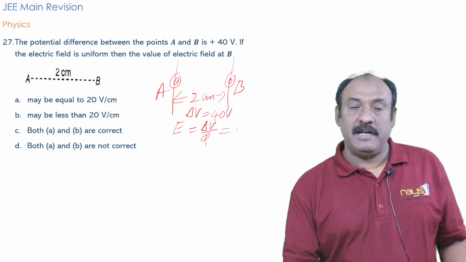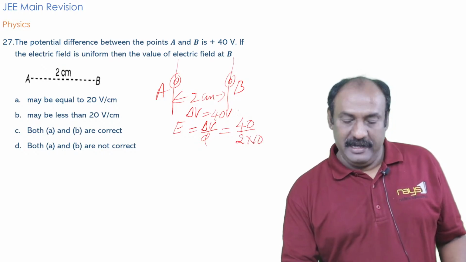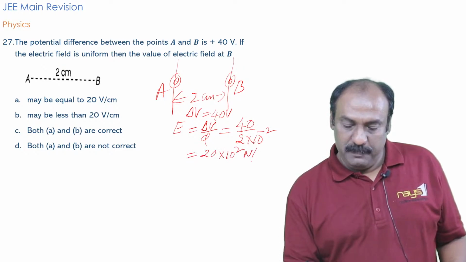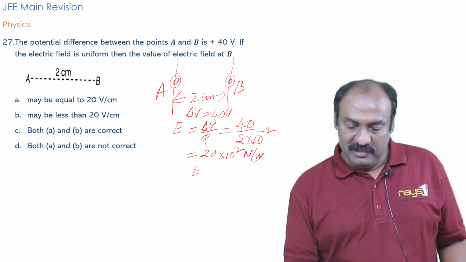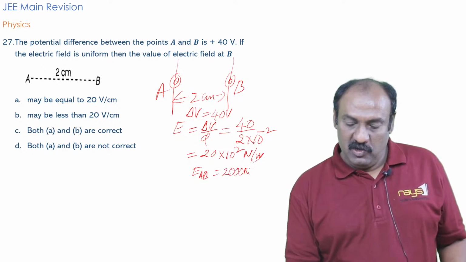That equals delta V is 40 by d is 2 into 10 power minus 2, that is 20 into 10 square Newton per meter. So, electric field intensity between these 2 points AB is 2000 Newton per meter.